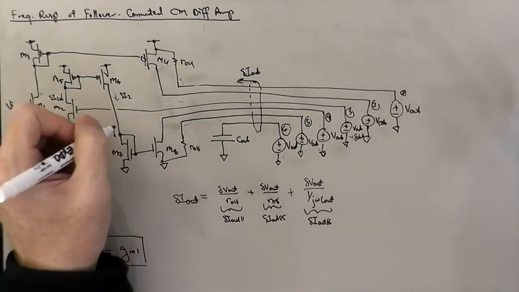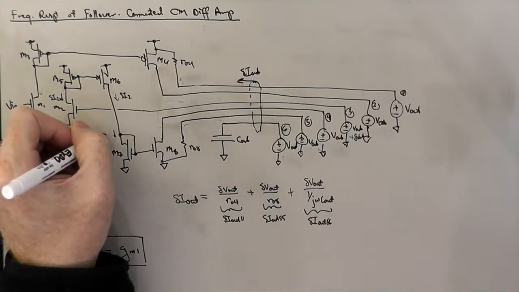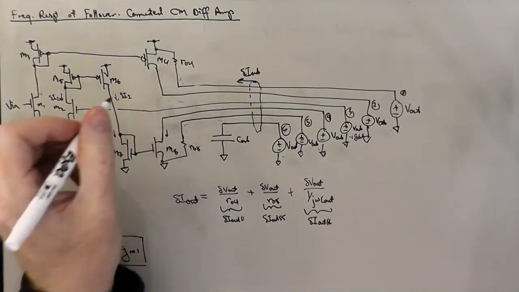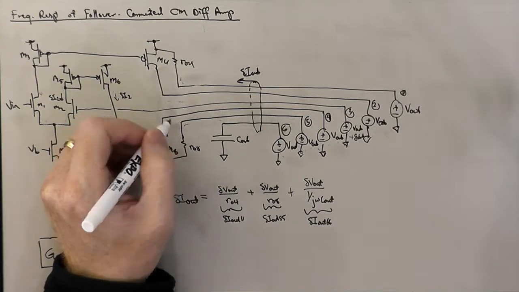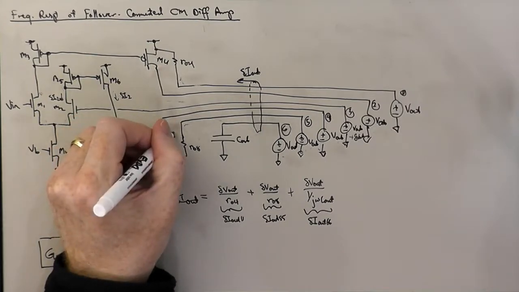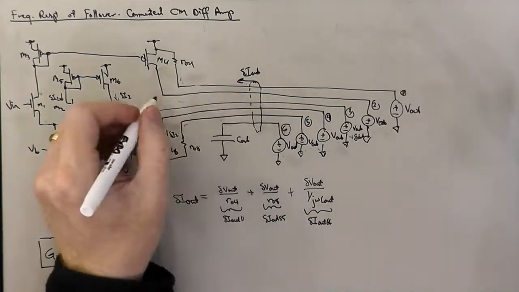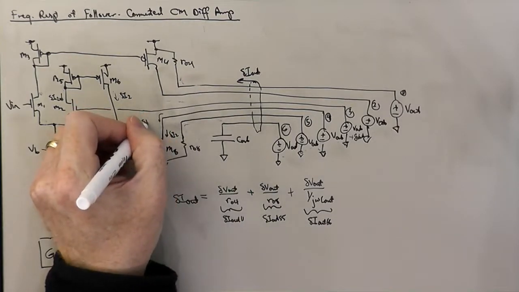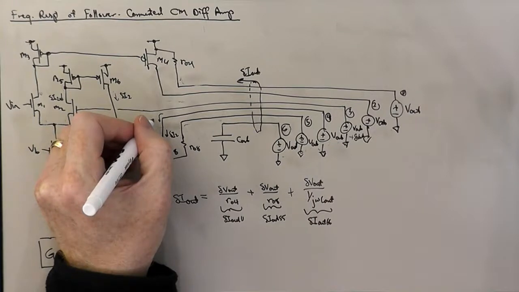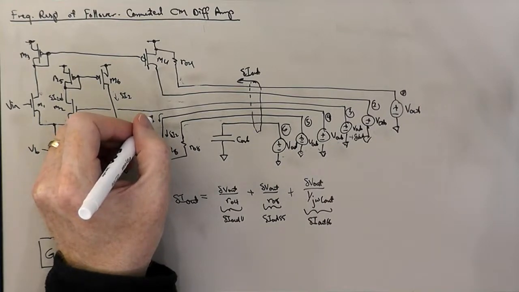And then it's mirrored by M7, M8, delta I2. And it comes into the circuit, so it represents positive delta I out, and this is a delta I out in branch 4.